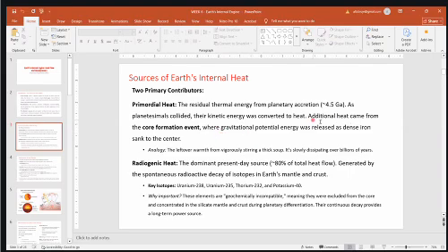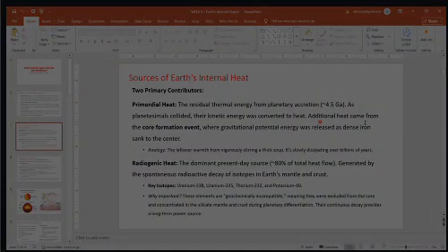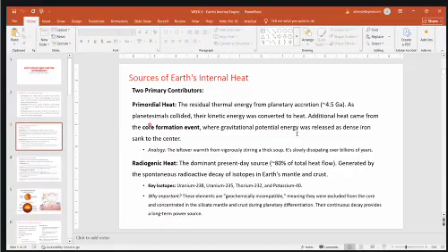Let me say it again. Additional heat came from the core formation event. You know how the core is formed. In this case, gravitational potential energy was released, causing dense iron to sink to the center.